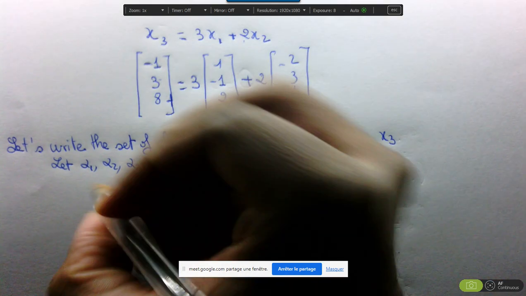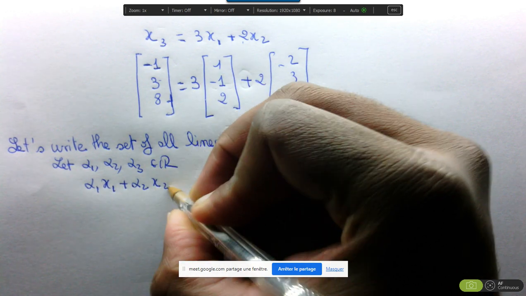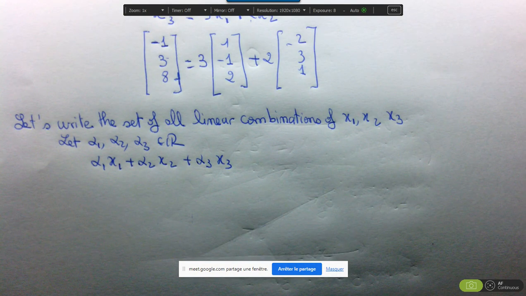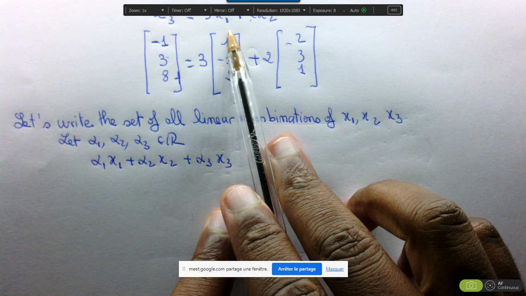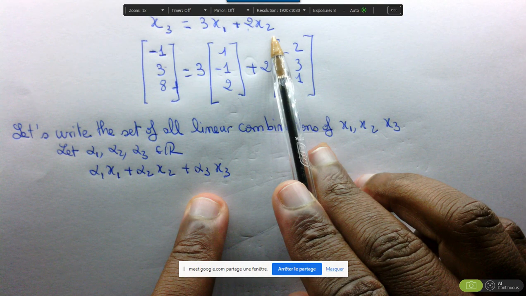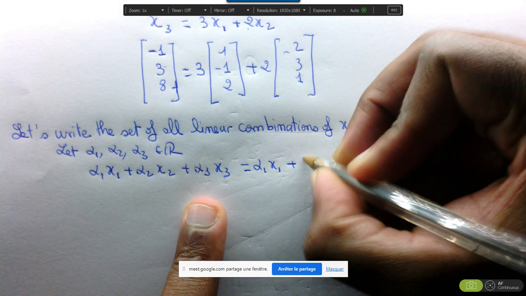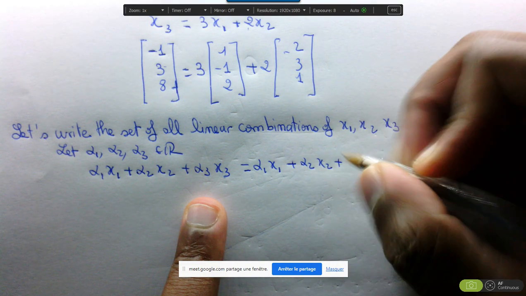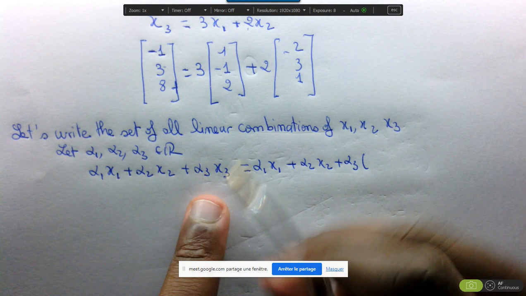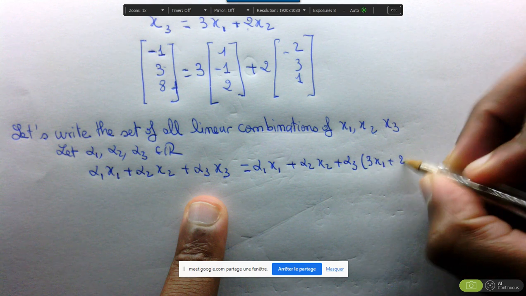So I have alpha 1 x1 plus alpha 2 x2 plus alpha 3 x3. That can be written in terms of x1 and x2 only, because I can replace x3 by x1 and x2. So that is equal to alpha 1 x1 plus alpha 2 x2 plus alpha 3, and I replace x3 by 3 times x1 plus 2 times x2.